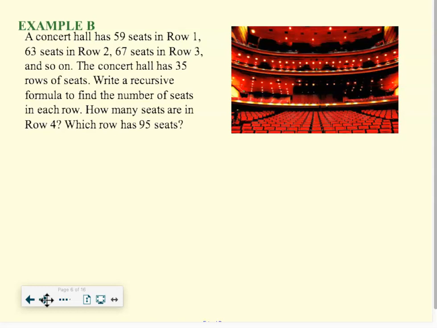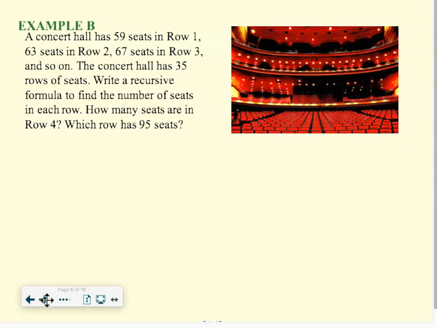Write a recursive formula to find the number of seats in each row. How many seats are in row 4? Which row has 95 seats? The first thing that we're going to do is write the recursive formula. When you write a recursive formula, you have to give me 2 things: the first term and the general term.